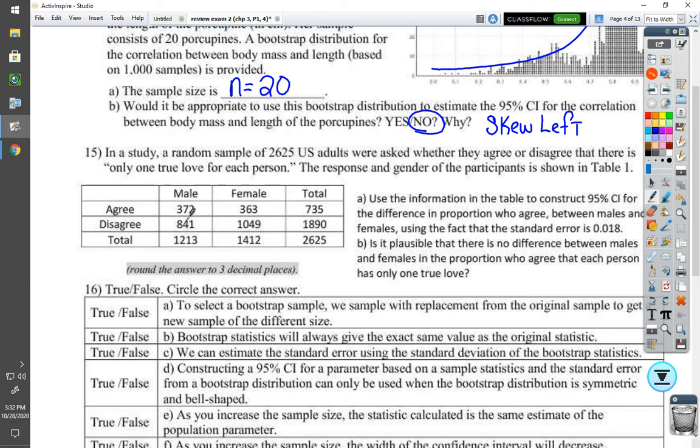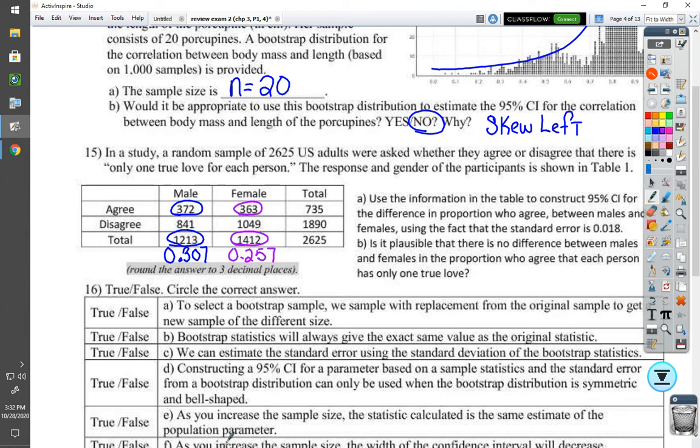There are 372 out of 1,213 males who agree, for a 0.307 proportion. When I look at the females who agree, that is 363 out of 1,412, for a 0.257 agreement.